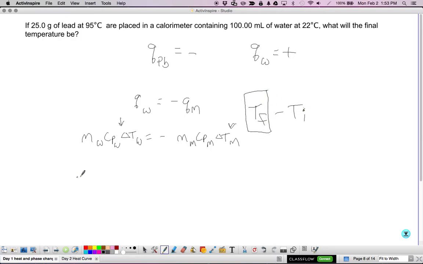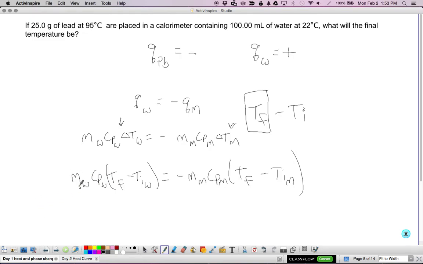So: mass of the water, C_P water, T final minus T initial of the water equals negative mass of the metal, C_P metal, times T final minus T initial metal. The other thing that's a pain here is you have to keep these T initials straight, which gets long and drawn out and super ugly.